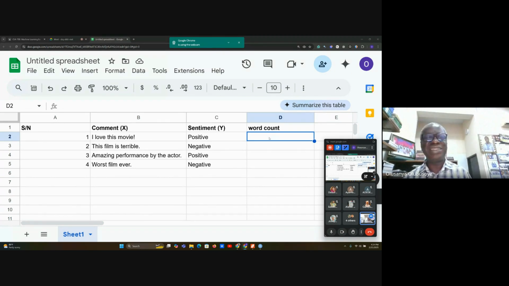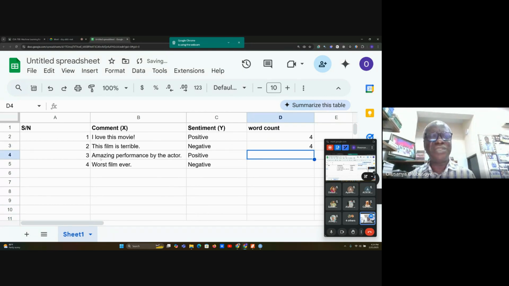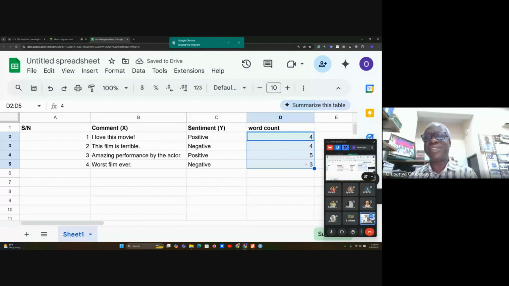The word count for the first person will be 1, 2, 3, 4. So we can put 4 there. The word count for the second is 1, 2, 3, 4. The word count for the third is 1, 2, 3, 4, 5. The word count for the fourth one is 1, 2, 3. This is numeric, not category.